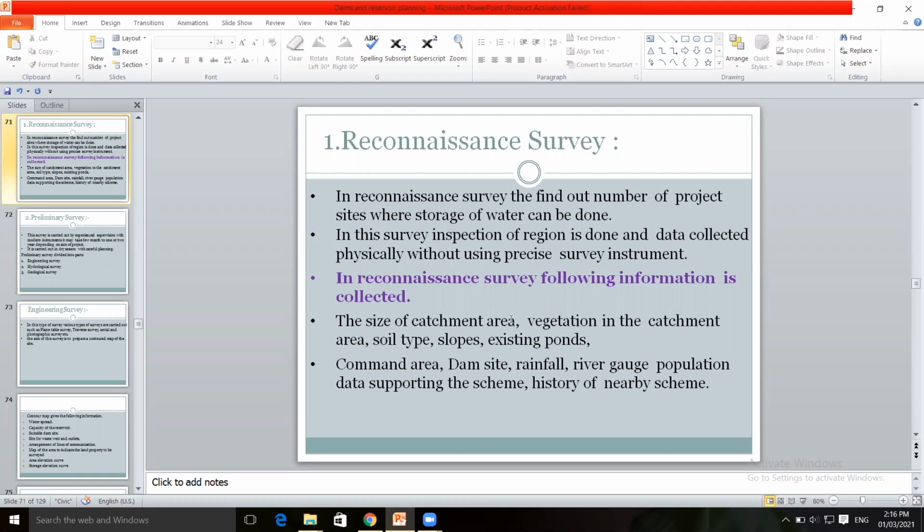All this data is collected. It is recorded in the sheets, and that record is maintained. This is the preliminary information collected in the reconnaissance survey.